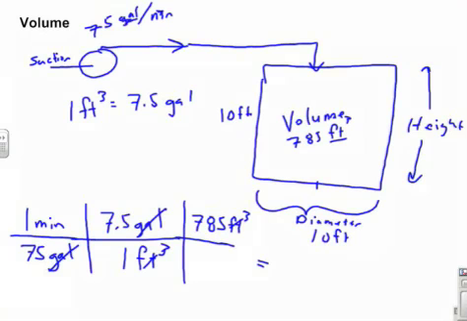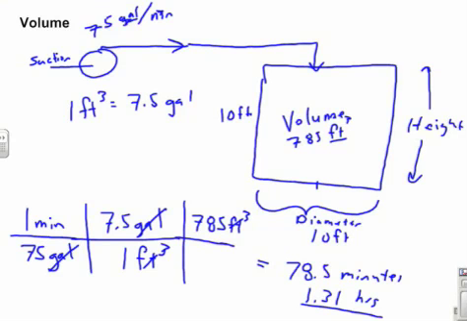So we got 785 times 7.5 times 1 and divide by 75. And we get 78.5 minutes. It would be how long it would take that pump to do it. If we divide by 60 and find out how many hours, that's 1.31 hours.